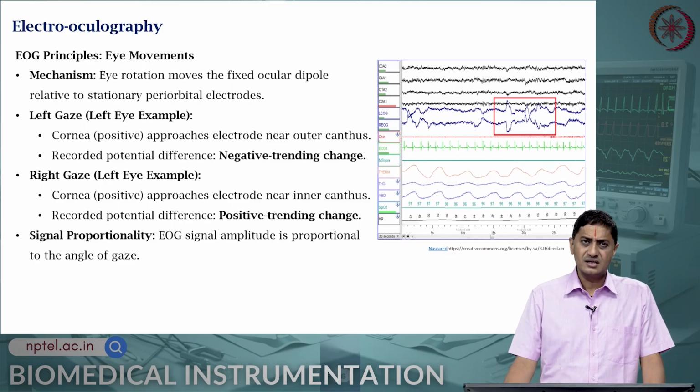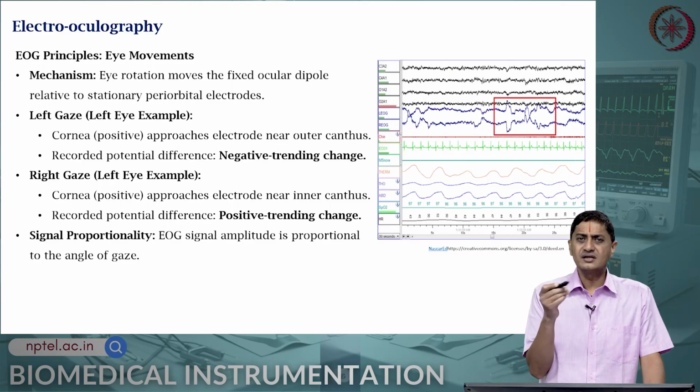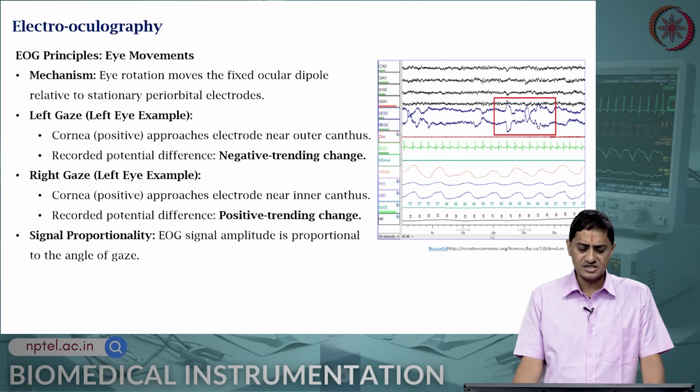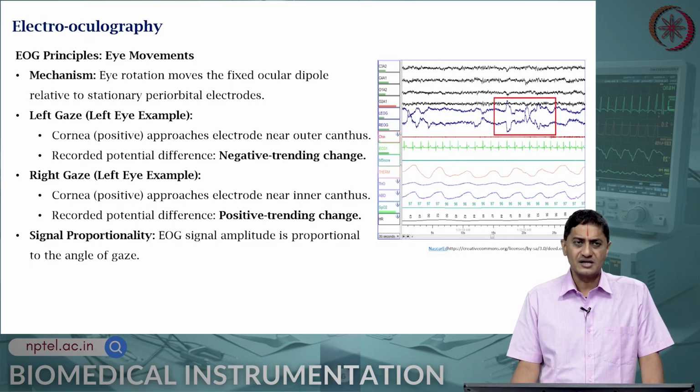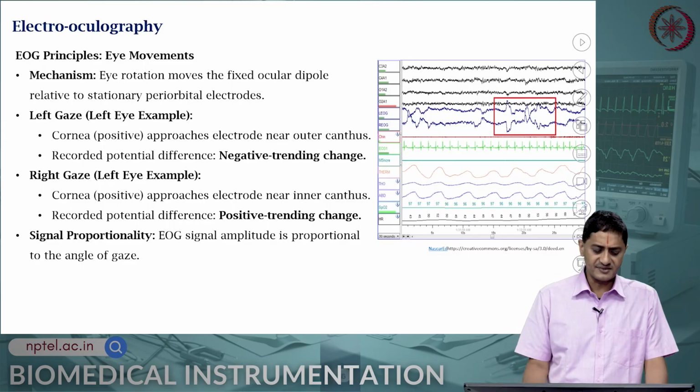So, the eye rotation essentially moves the electric dipole of the eye relative to the stationary orbital electrodes. Note that in the corneoretinal potential, the cornea is positive.